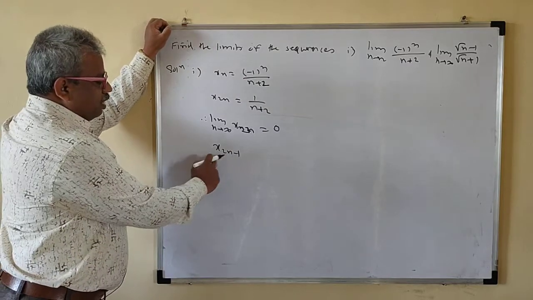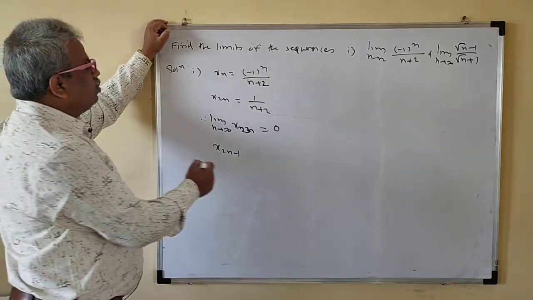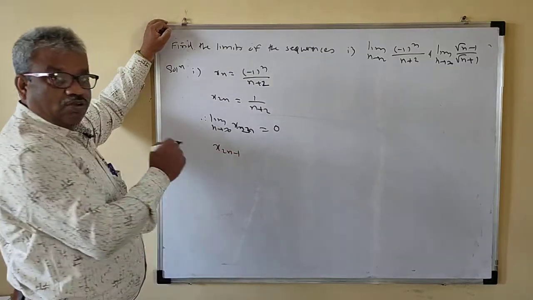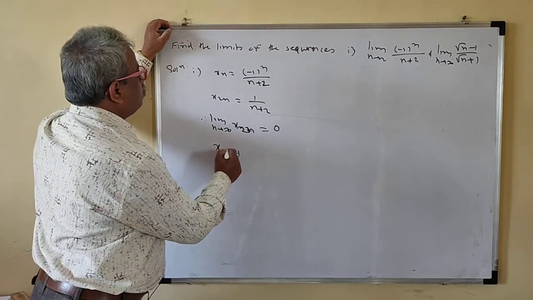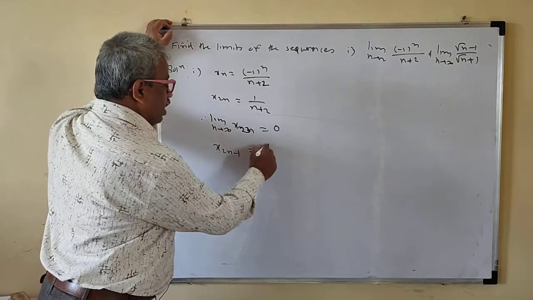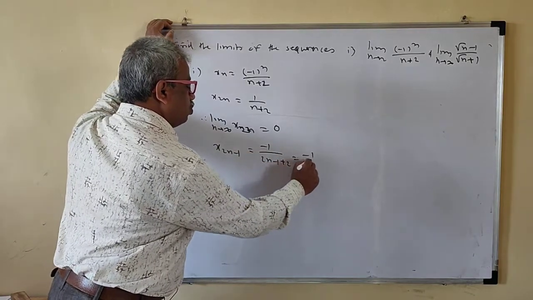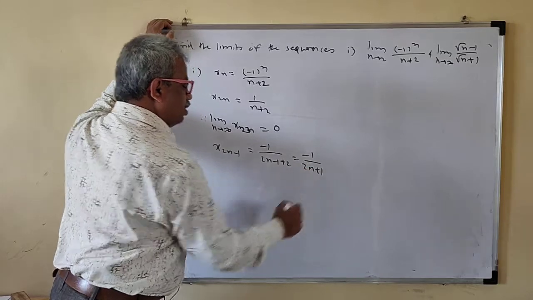Twice n plus 1 is odd, but n is a natural number and the first natural number is 1. If you put n equal to 1 there, we do not get the first term, but with twice n minus 1 we get the first term. So you have to write twice n minus 1 here. This will be minus 1 upon twice n minus 1 plus 2, so minus 1 upon twice n plus 1.